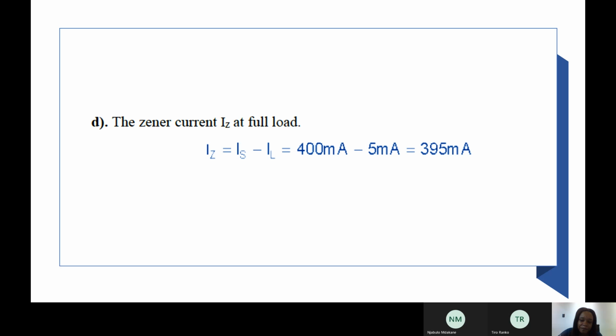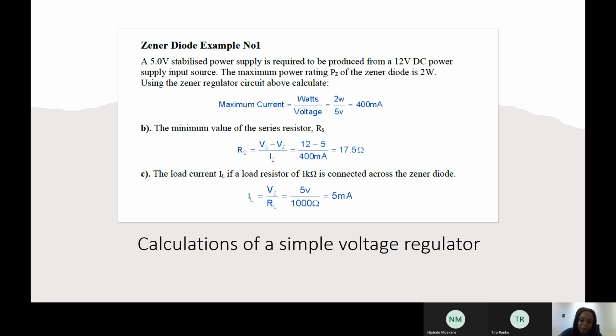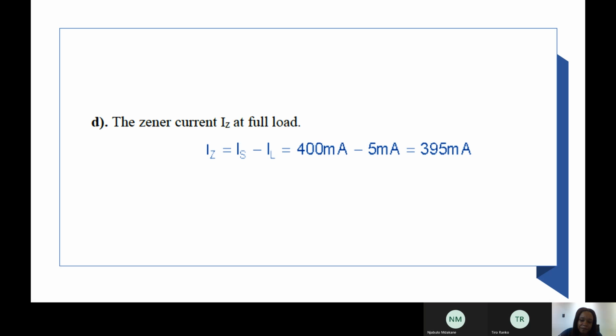Let me just see if they did calculations on Is. No, they didn't do a calculation for Is. But if it's to do a calculation for Is, this is how you do it. I'm going to show you. Please write that down.